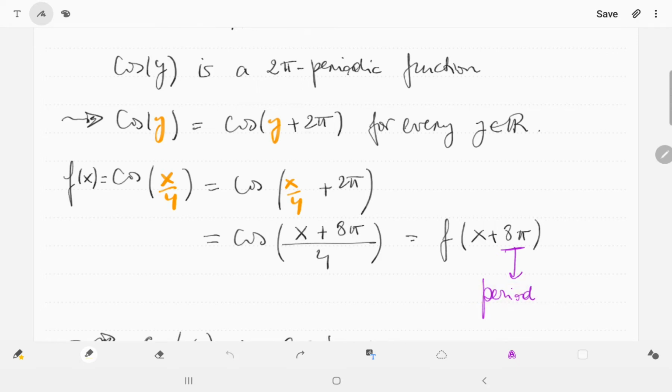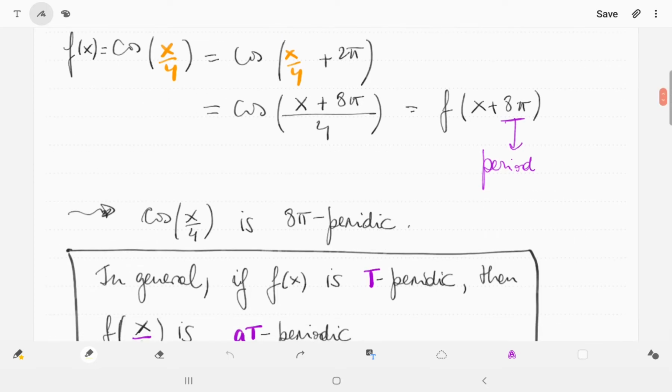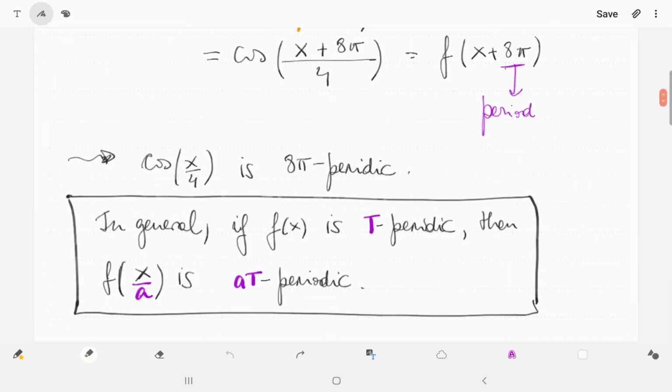So we conclude that this function f, which is cosine of x over 4, is 8 pi periodic. And we have a general property: if we know a function f that is t-periodic, then the modification f of x over a is a times t periodic.